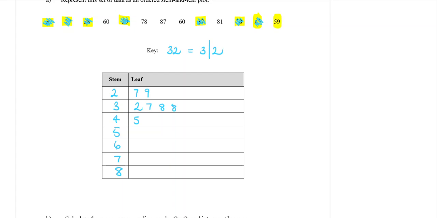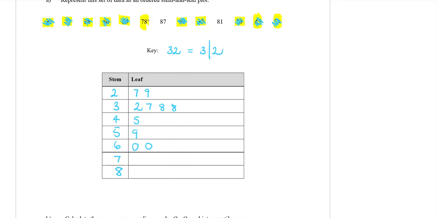59 down here on the end. So we have our 50. We put the 9 in the leaf. Cross it out. 60s. We have 60, 60, 2 60s. So that means 0 and 0. Cross them out. 70s.